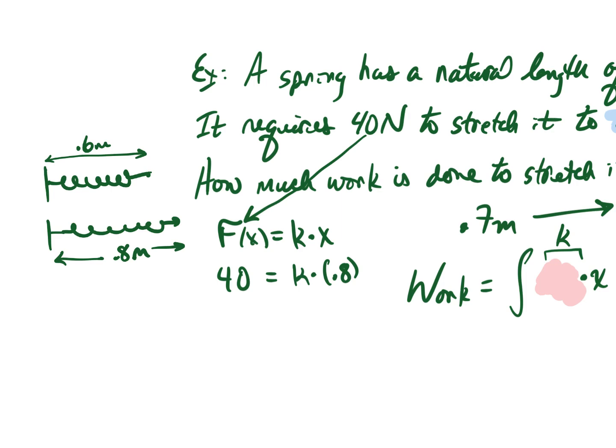So how much have we actually stretched the spring? We haven't stretched it 0.8 meters, right? We essentially have to calculate how much distance we've stretched the spring, and in this case that would be 0.2 meters. So we're not going to use 0.8 for x.